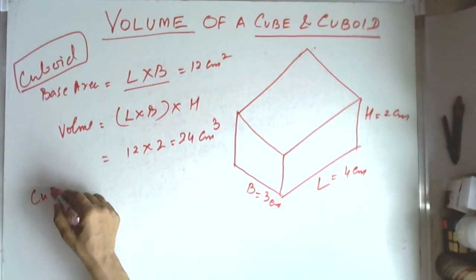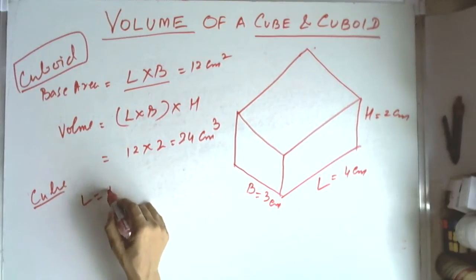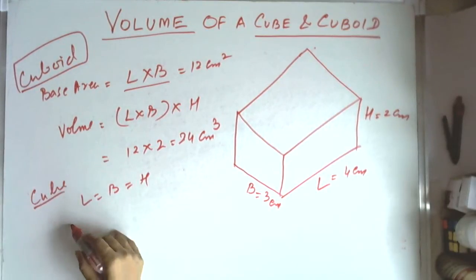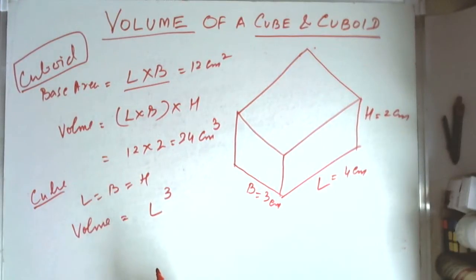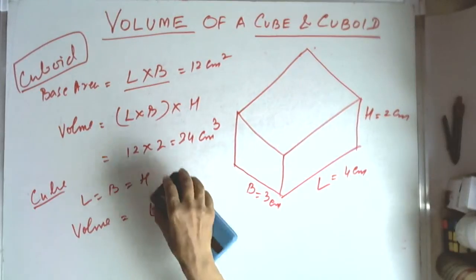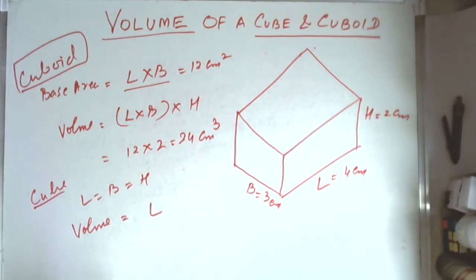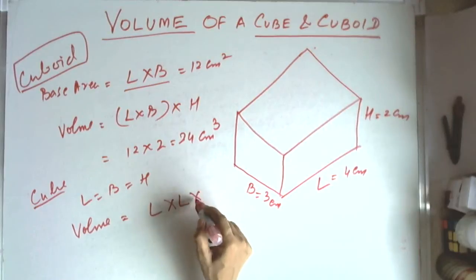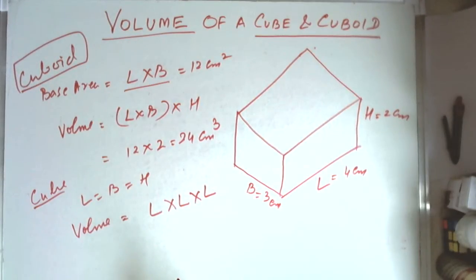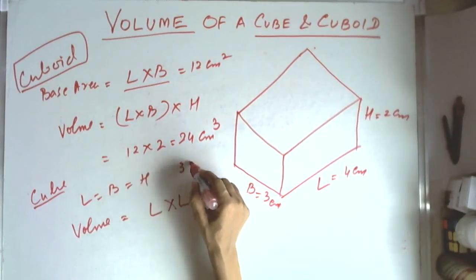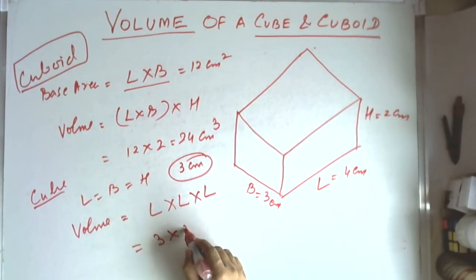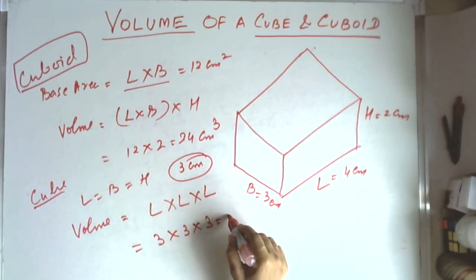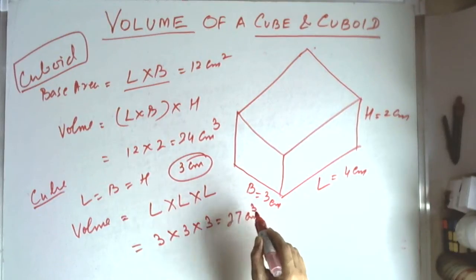In case of a cube, length is equal to breadth is equal to height. So the formula for volume can simply be length into length into length. Suppose it's a cube of 3 centimeter one side, then it will become 3 into 3 into 3, which is 27 centimeter cube.